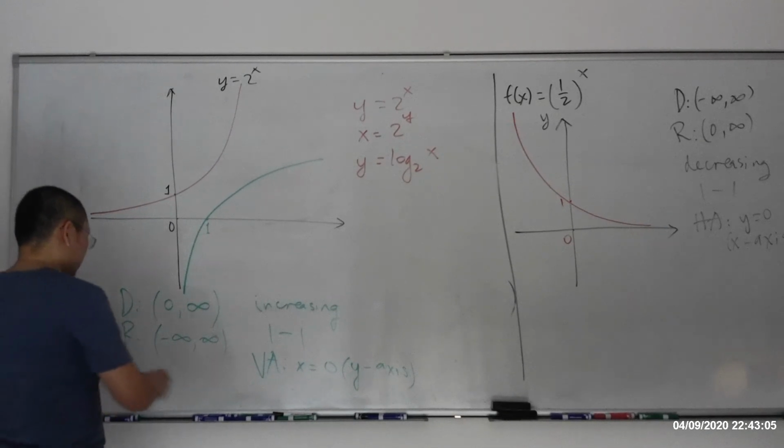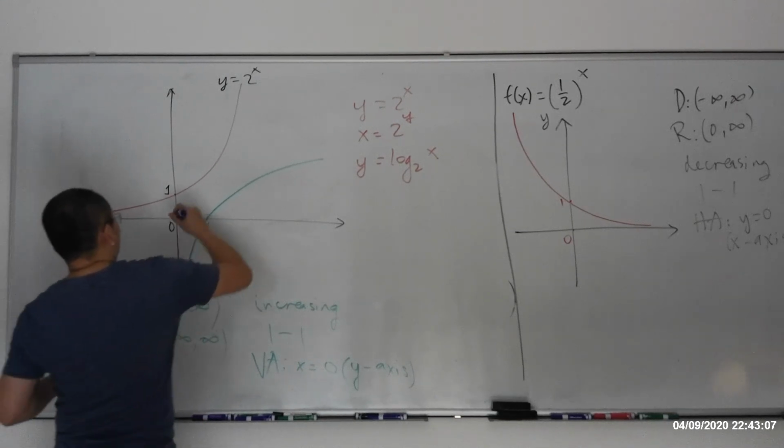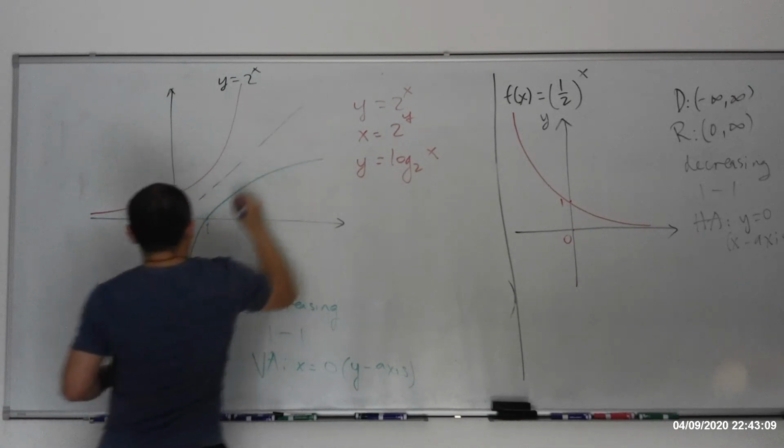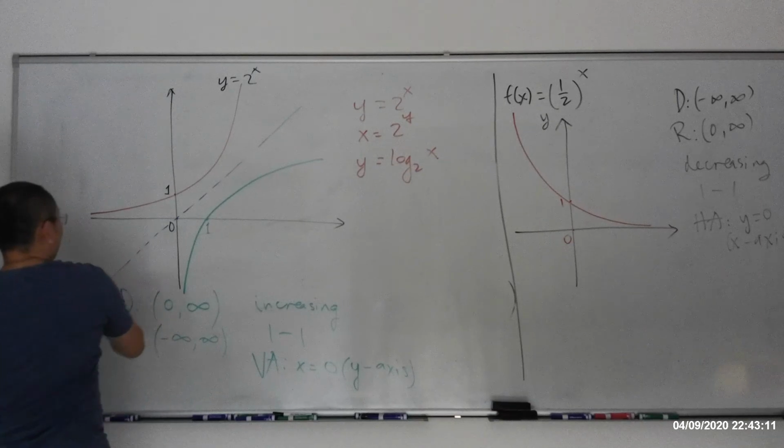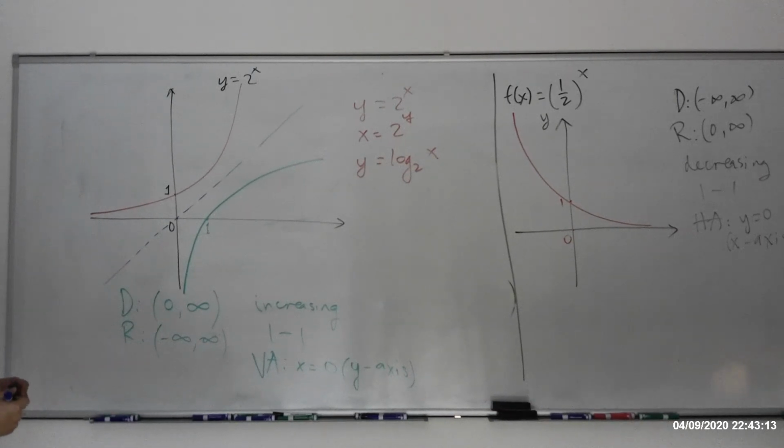Take a look at this line right here. This one, the diagonal line, the dotted blue diagonal line right here, we call it the bisector. This bisector splits quadrant number 1 into 45-degree angles.